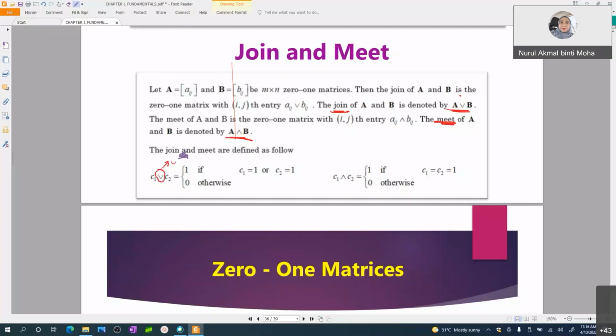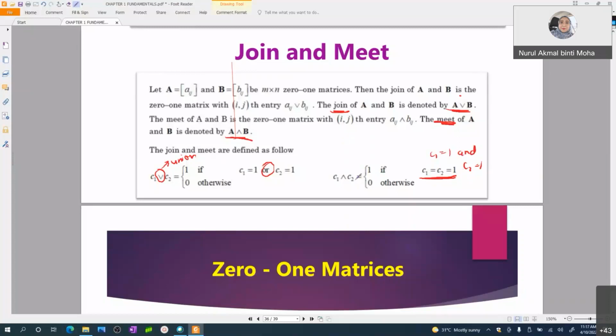If you have a union, the keyword is or, isn't it? So that's why you have the word or here. But for C1 meet C2, the keyword will be and. So C1 is equal to 1 and C2 is equal to 1. It's the same as this statement.